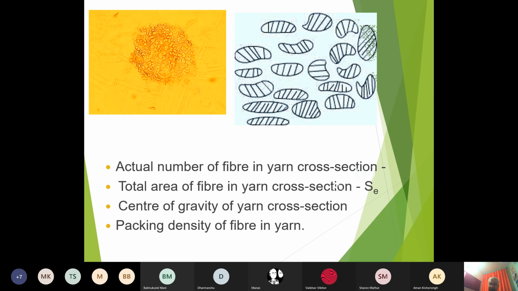So the number of fibers in the cross section depends on packing density, helix angle of the fiber in the yarn, twist in the yarn, and cross-sectional area or fineness of the fiber used.